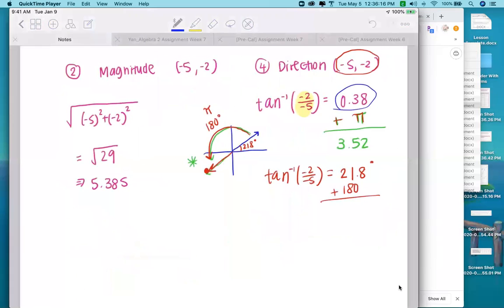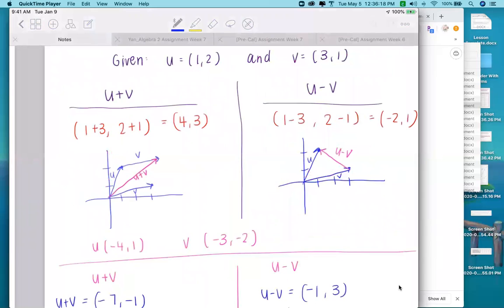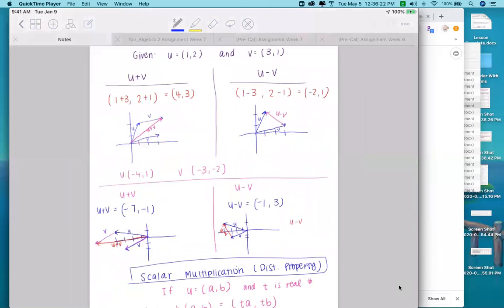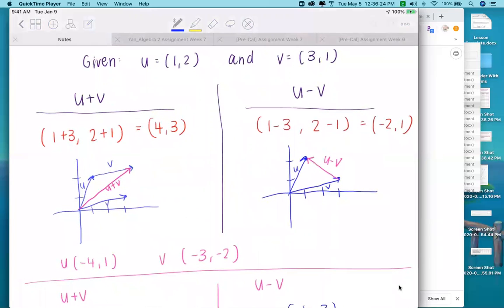I think I also showed an example right here. I showed two examples, so I'm just going to talk about one of them, and if you want an extra example, you can look at the video later. So U plus V: these were my vectors. To add them up, I just do 1 plus 3 and 2 plus 1, so I get 4 comma 3. Picture-wise, I start by drawing my U, then my V, which is right here.